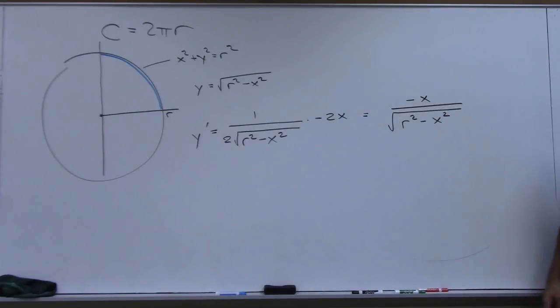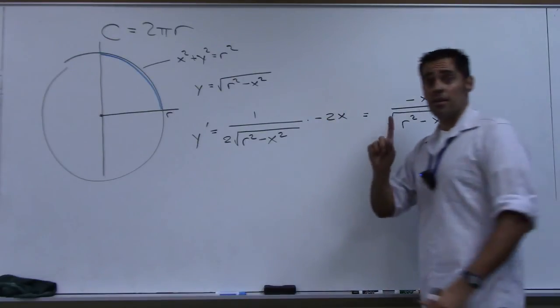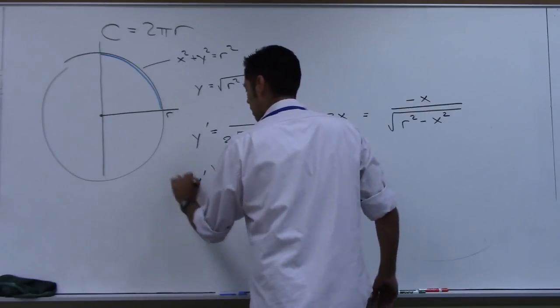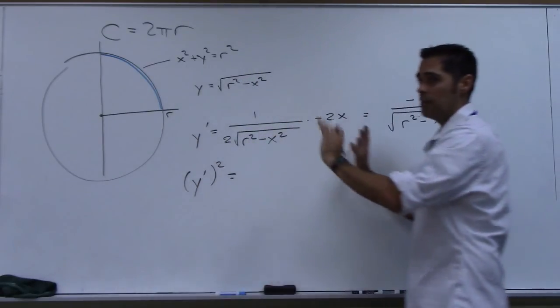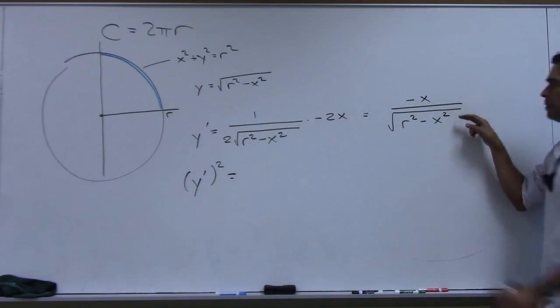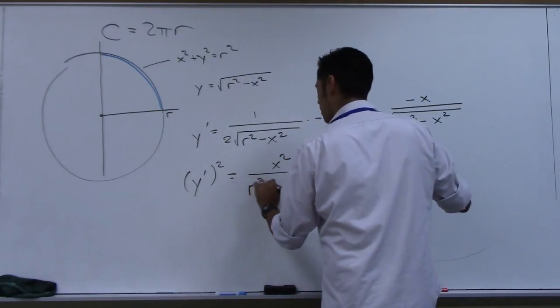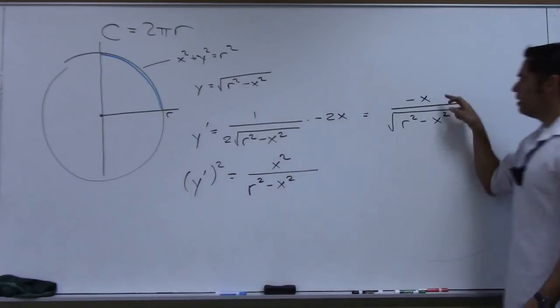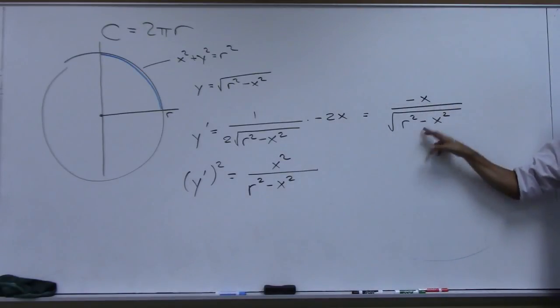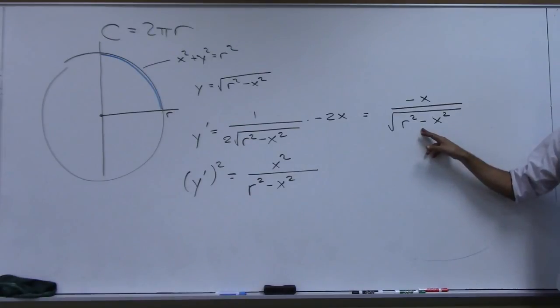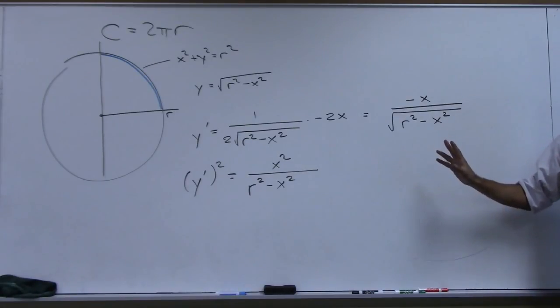Those twos went away. Then I'm supposed to square this, right? Hold on, I haven't even gone into the arc length formula yet. Square this, which would give me x squared over r squared minus x squared. That's nice, right? Squaring that, the negative goes away. Squaring the root goes away. Wonderful. Now I'm ready for the formula.